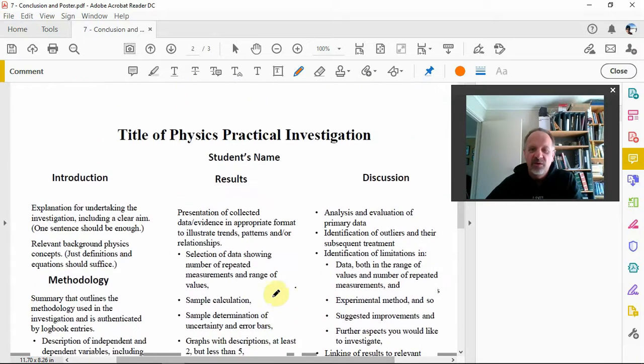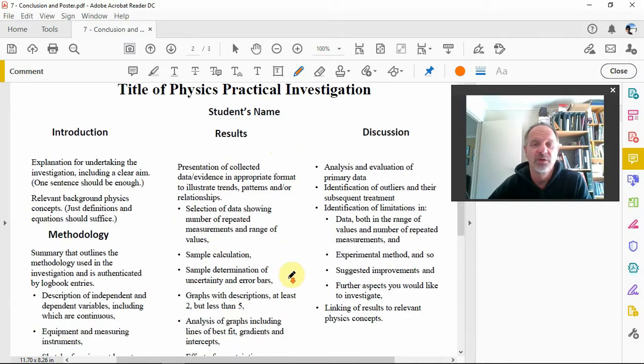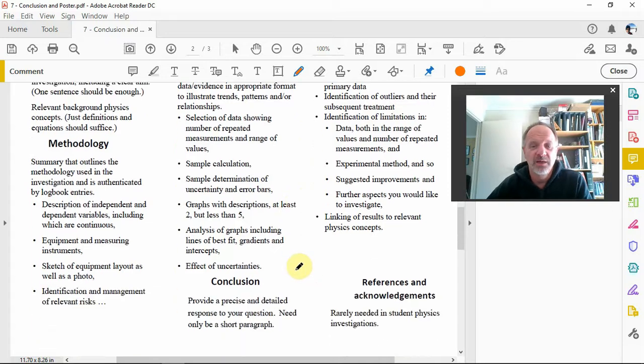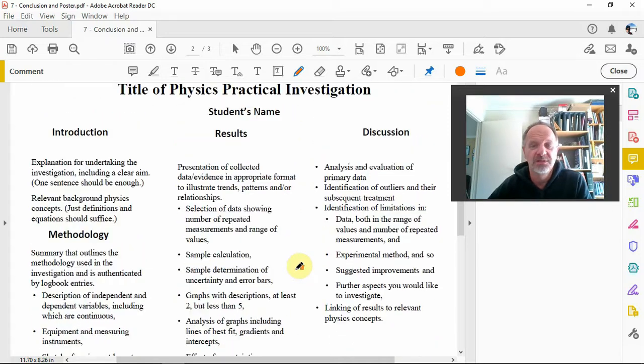So again, on the website Physics with Synno, in this area, I'll put a couple of templates up there and a couple of examples of posters up there. They're really just for you to refer to get ideas.